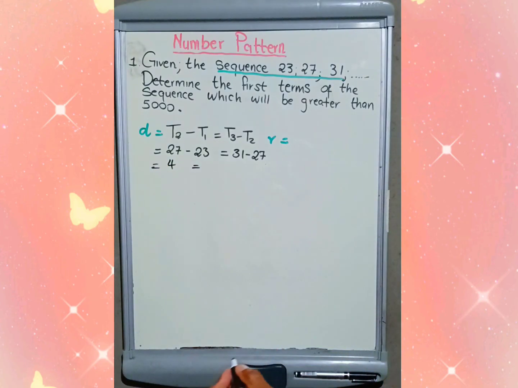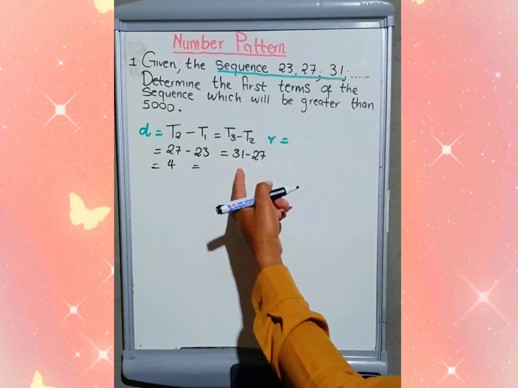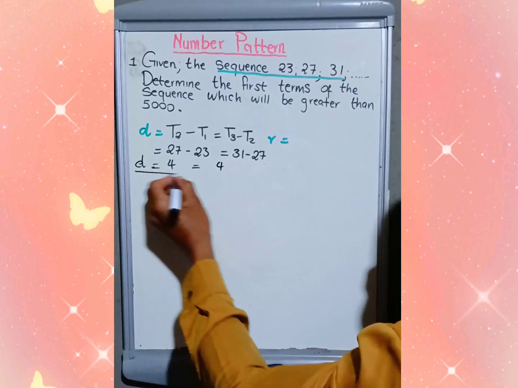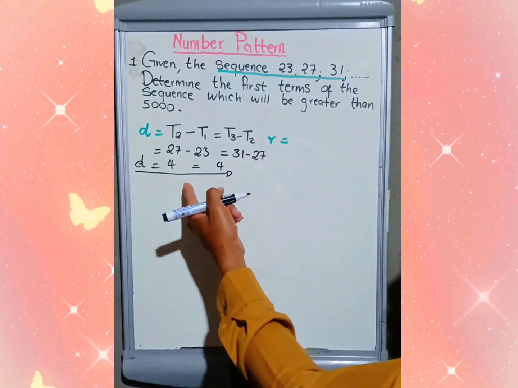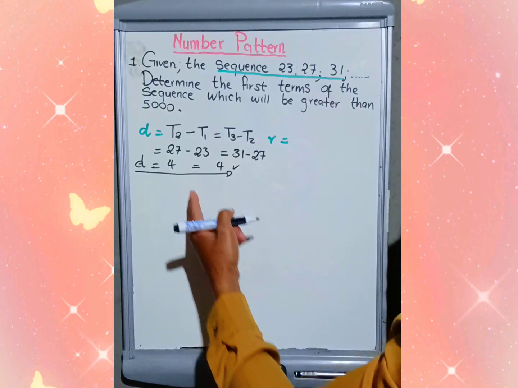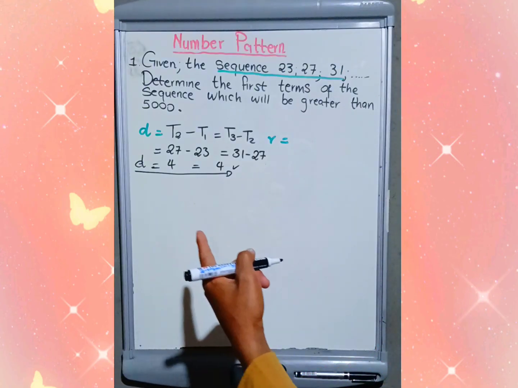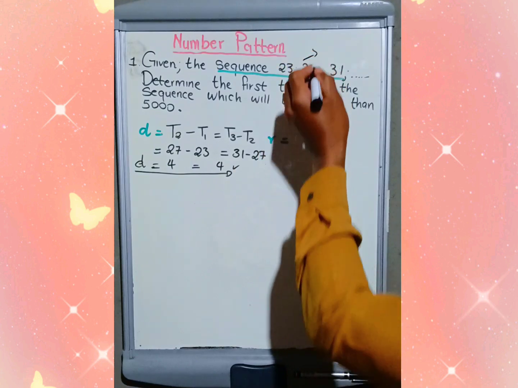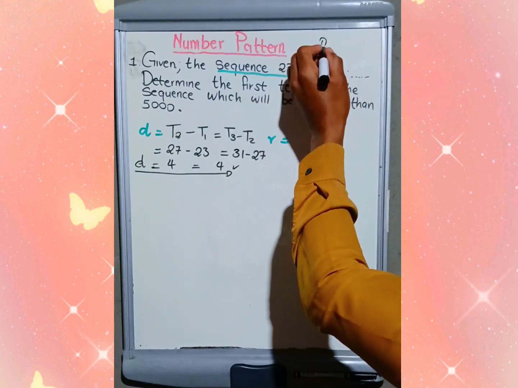Then we have 31 minus 27, we're going to get 4. That means this sequence contains a common difference. Therefore, you draw the conclusion now: this sequence is an arithmetic sequence. Why is it an arithmetic sequence?